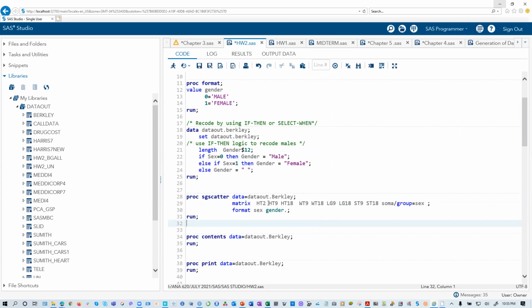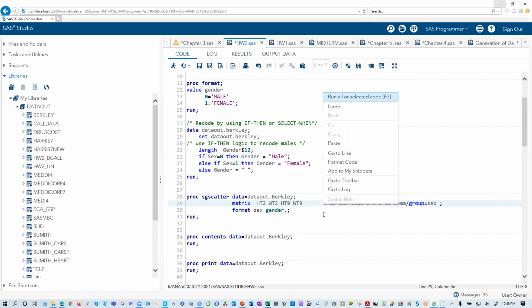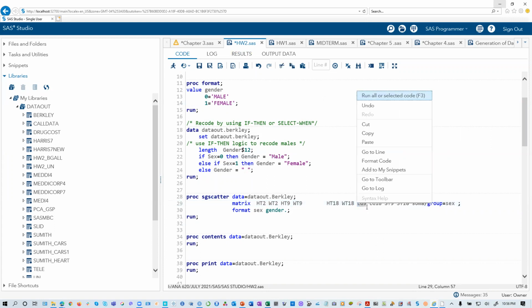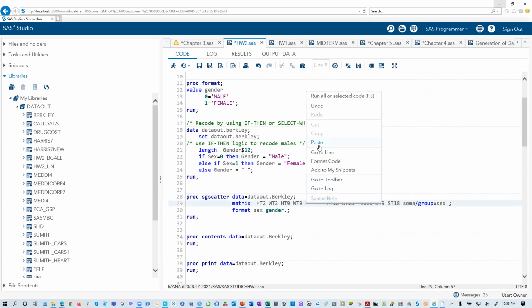Height, weight, then HT9, WT9. I'm going to get this together. Then WT18, AG9, circumference, ST9, and cut to that one.